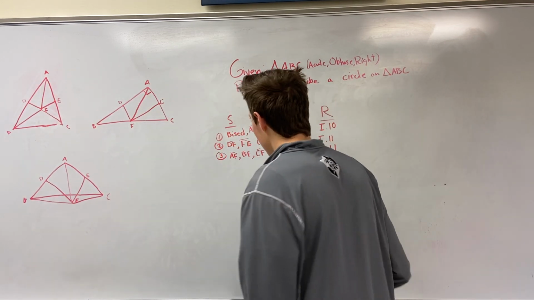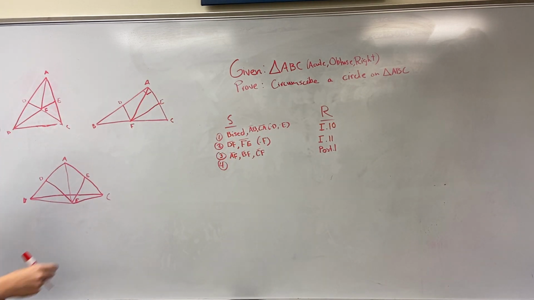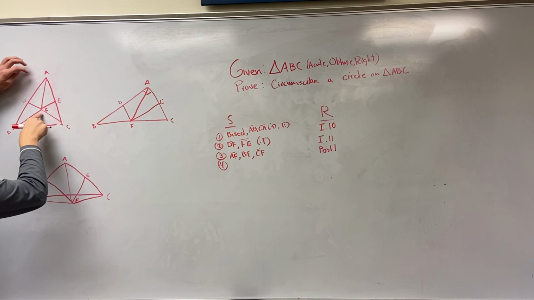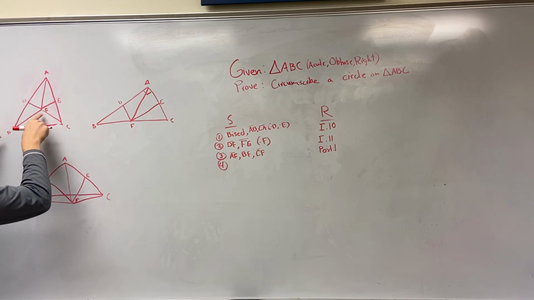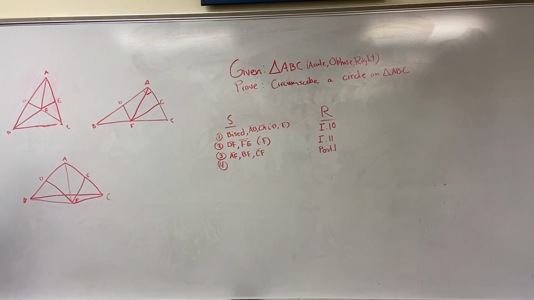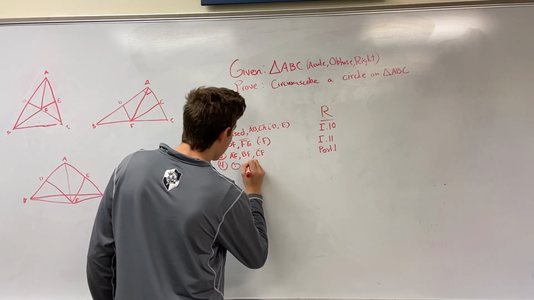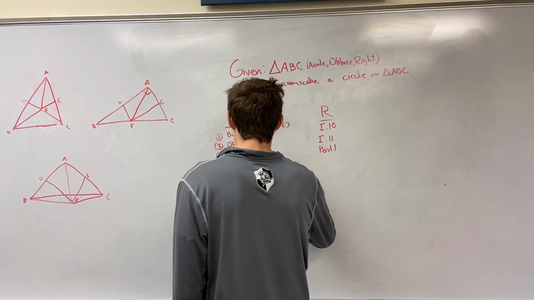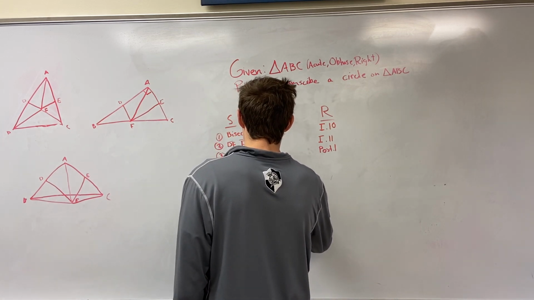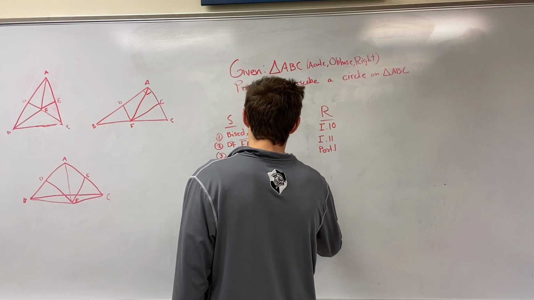Okay, step 4, we're gonna draw a circle using the center and one of the points. You can use BF, AF, or FC, whichever one. So I'm gonna make a circle ABC using distance AF and point F as a center.